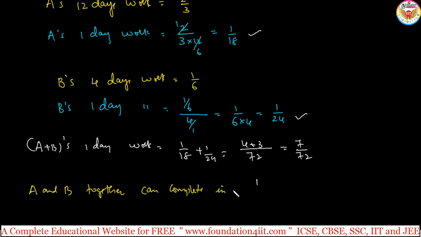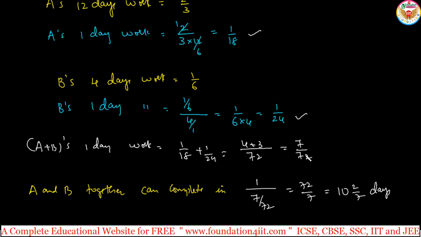Therefore together they can complete it in 1 divided by 7 by 72, that is 72 by 7, the reciprocal. That is 10 2 by 7 days. Write it in mixed fraction always. 10 2 by 7 days, so more than 10 days and less than 11 days. So they can complete the work together in 10 2 by 7 days.